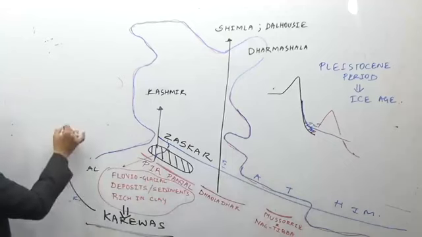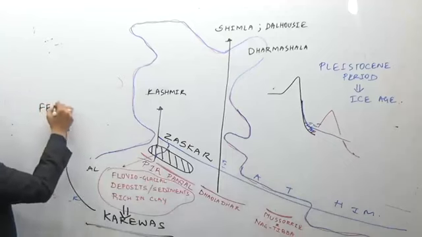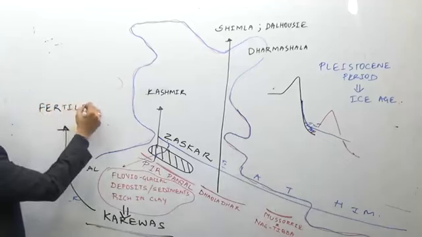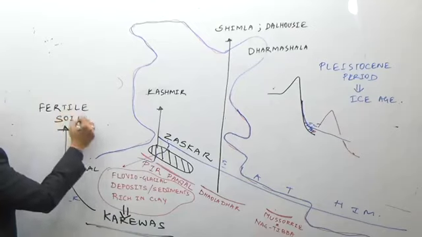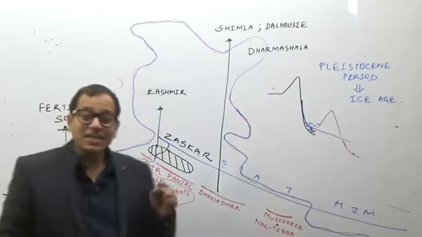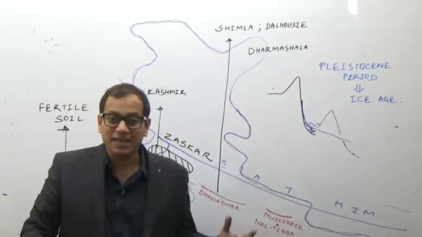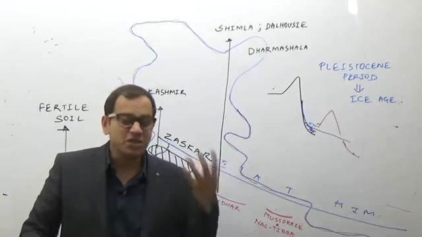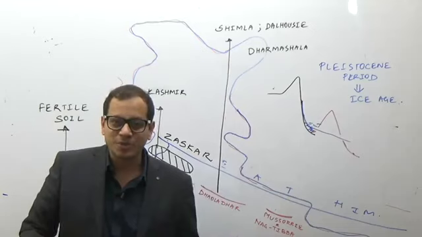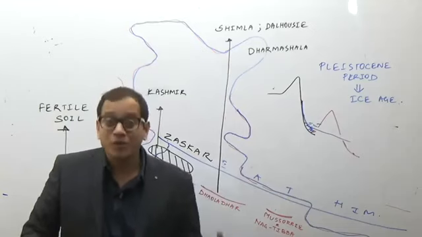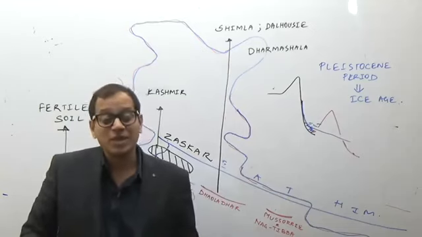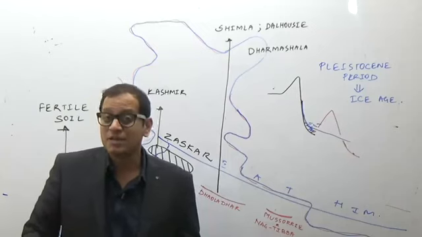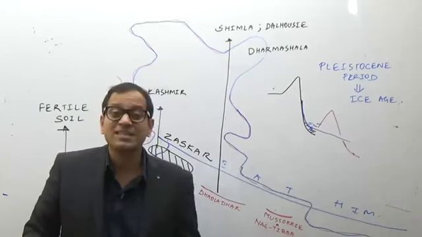What is the importance of karewas? Karewas have highly fertile soil. So you see, the Kashmir region as a whole is highly fertile, and therefore it was once upon a time a highly rich region. Rich, why? Because of apples from Kashmir. And one more variety from Kashmir that is very costly, and when I say Kashmir, the thing which should come to your mind is saffron.